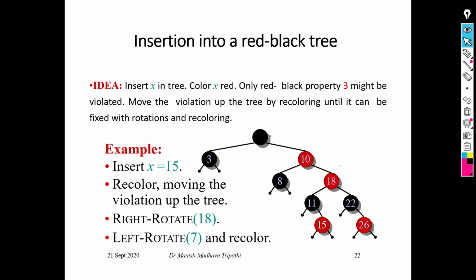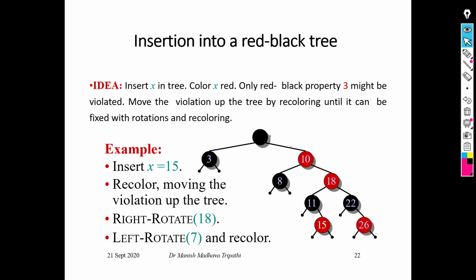So the situation will be like this, 10 will come at this place and 18 at a deeper place, and everything will remain same. But at this position we can see that the 10 and 18 problem remains the same. That means red is having a red child and red is having a red parent. So property number 3 is violated again. So what we do, we again left rotate with respect to the parent of 10.